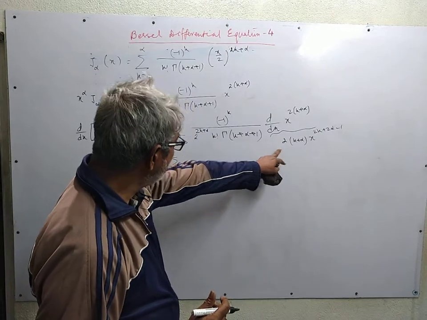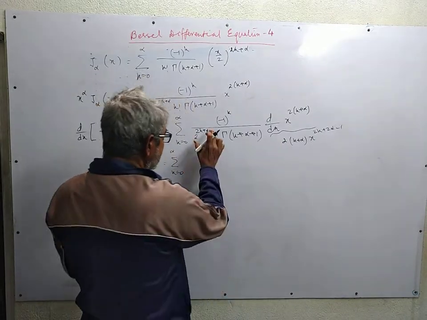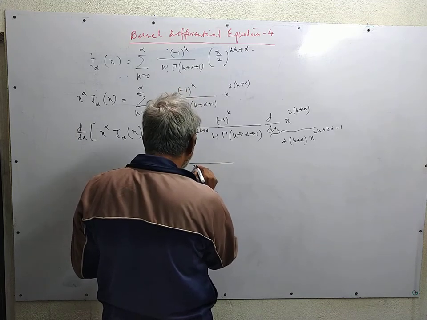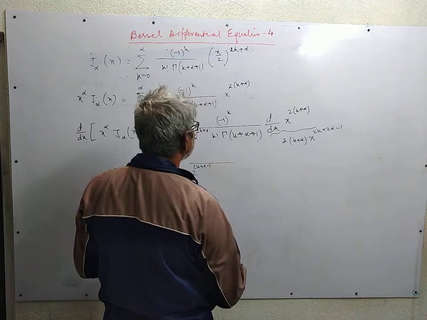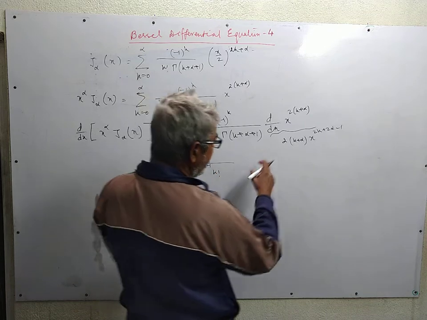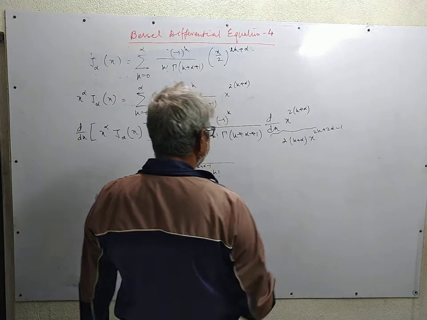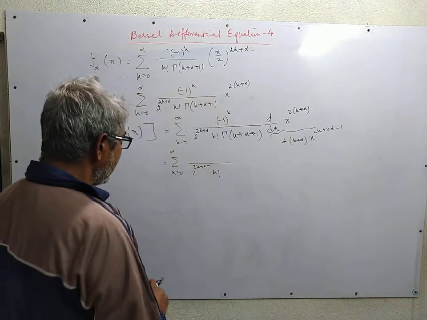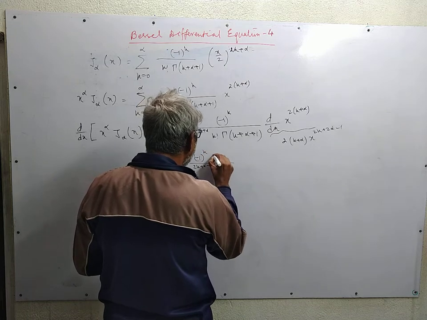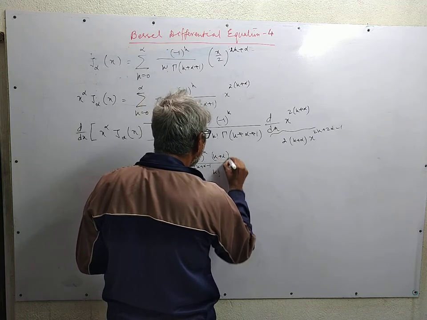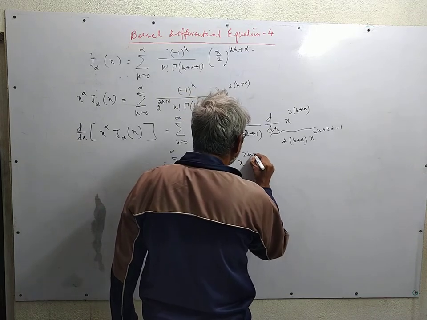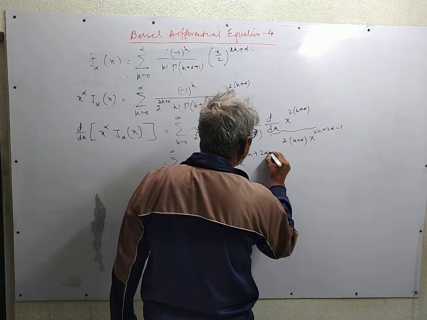So this 2 reduces this part by 1, so this is 2 to the power 2k plus alpha minus 1, then k factorial, and there is a term k plus alpha, so this is minus 1 to the power k, and x to the power 2k plus 2 alpha minus 1.